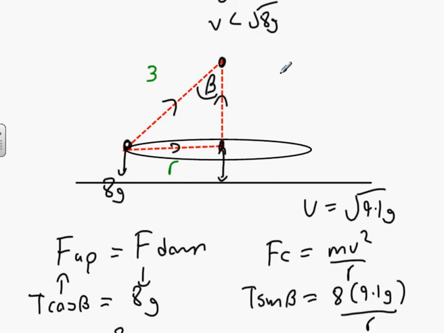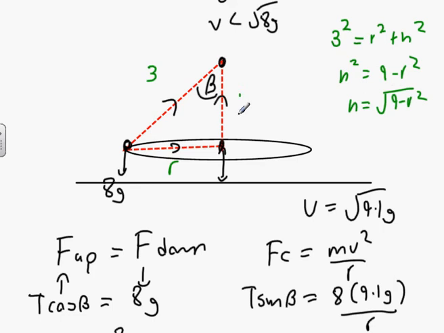And then by using Pythagoras' theorem, 3 squared equals r squared plus h squared. Then h squared equals 9 minus r squared. H is equal to the square root of 9 minus r squared.